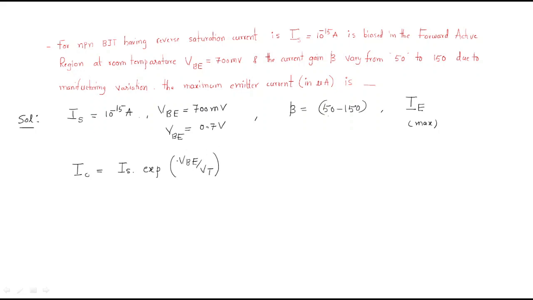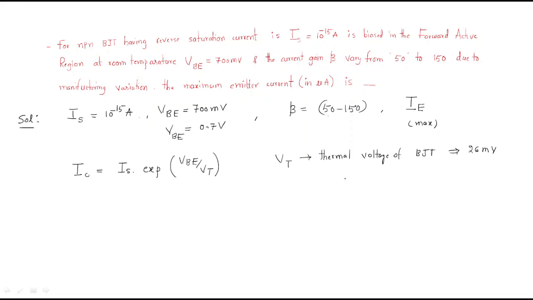VBE means base emitter voltage, IS is reverse saturation current. What is VT? VT is the thermal voltage of the BJT. So what is this value? That value is 26 millivolts.